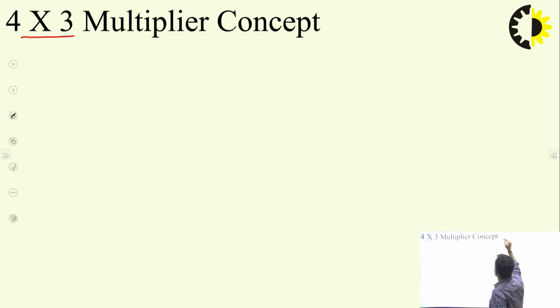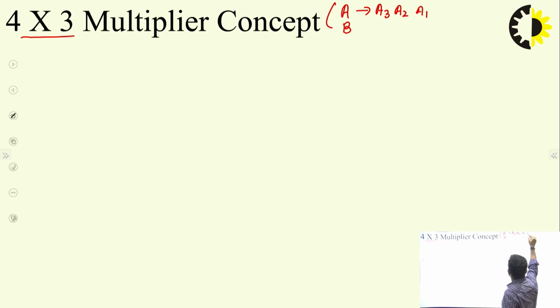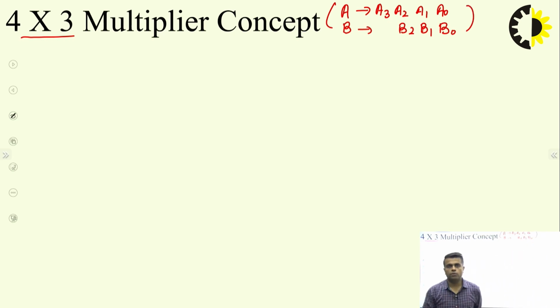That means there are two numbers A and B. A is of 4 bits, A3, A2, A1, A0, and B is of 3 bits, B2, B1 and B0. One number is of 4 bits and another number is of 3 bits.